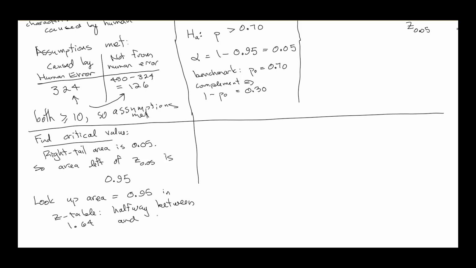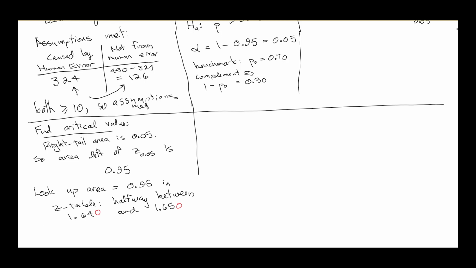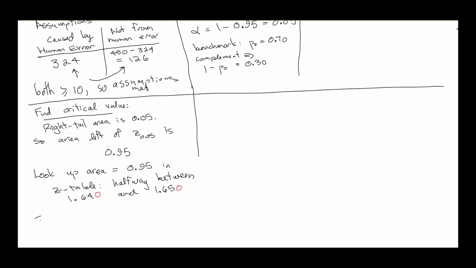You could average those two, or you could mentally figure out what's halfway in between. That's going to be easier if you put a 0 on here, because what's halfway in between 640 and 650? 645, right?